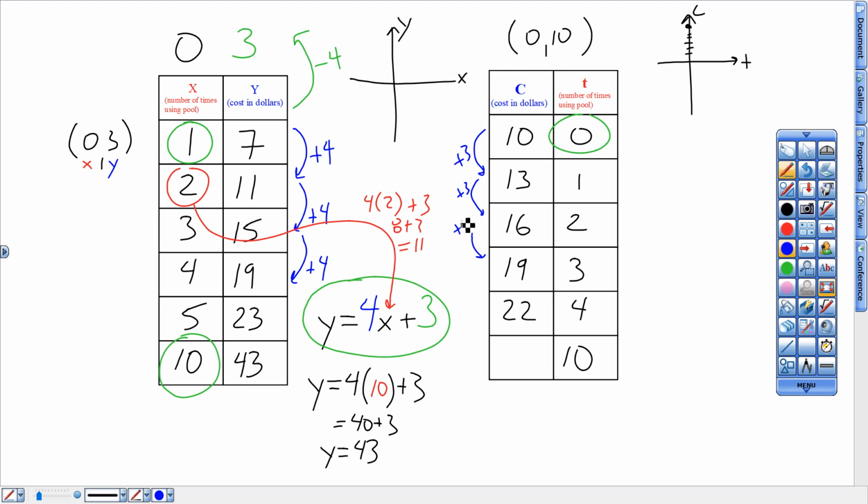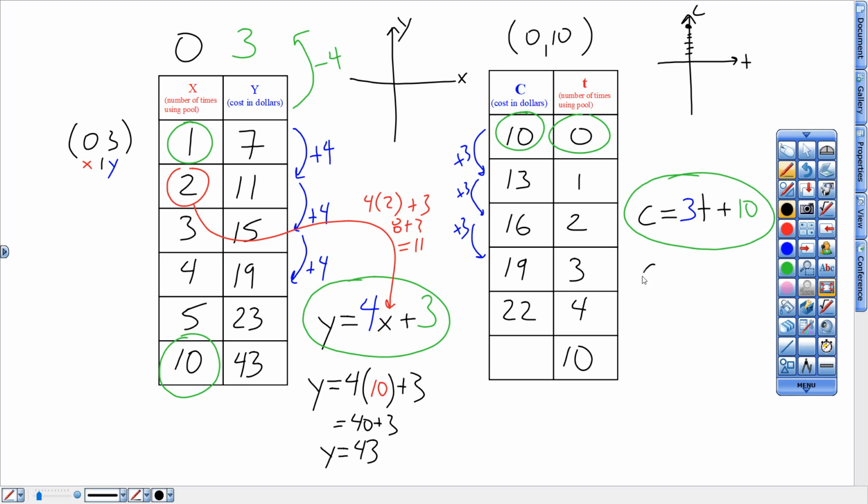That's my slope number. If I give you the 0 term, that number next to it right away is the y-intercept, that's 0, 10. So to write this equation, not using y and x, using c and t, is cost equals $3 times each time plus that $10 fee we've been talking about that you pay before you go to this pool.